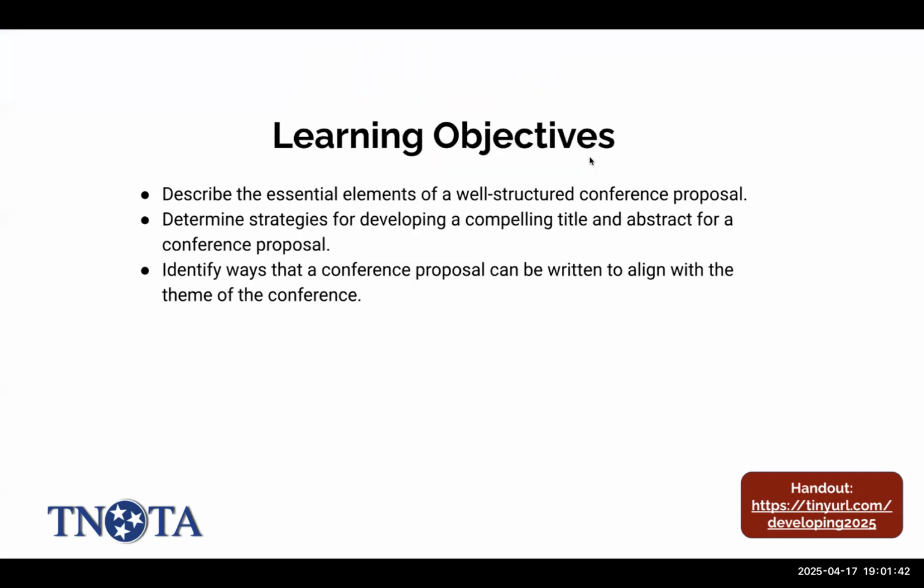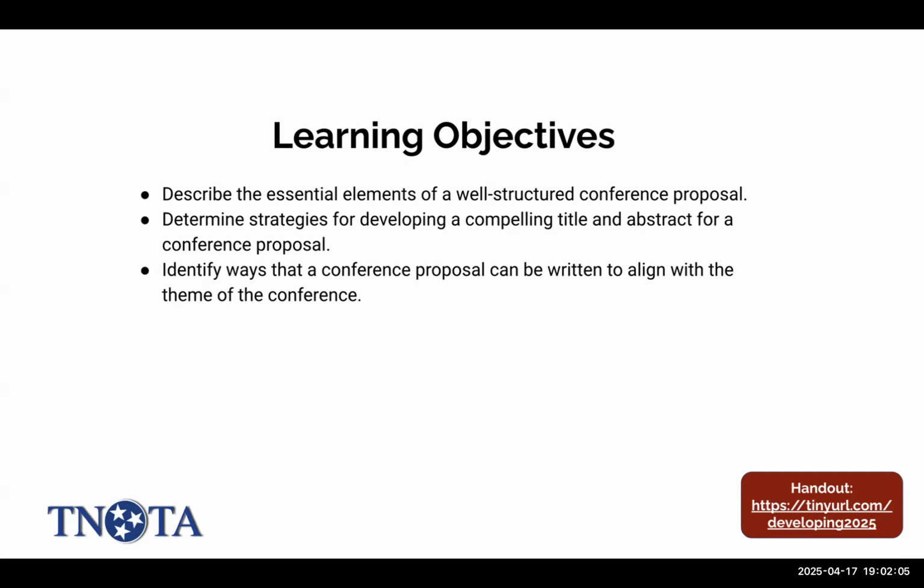So, let's talk about what we're going to cover tonight. I hope that by the end of this session, you are able to talk about the essential elements of a well-structured conference proposal. And I'll add that that will be one that can carry over into other conferences or maybe even other professionally formatted presentations.